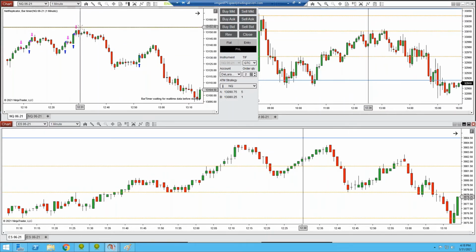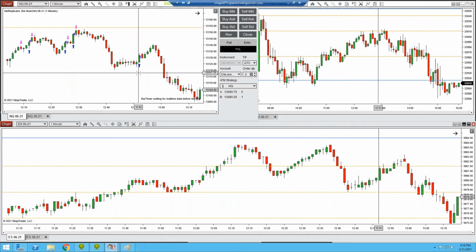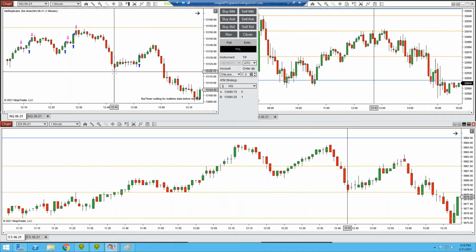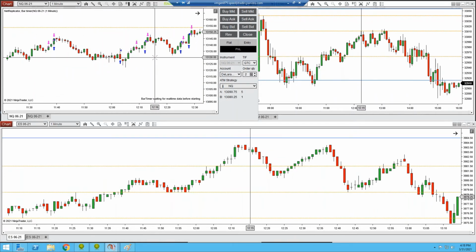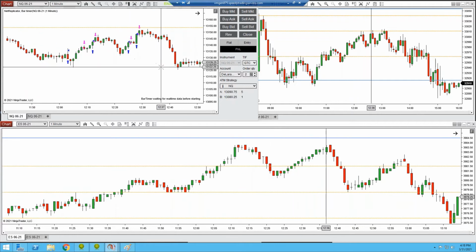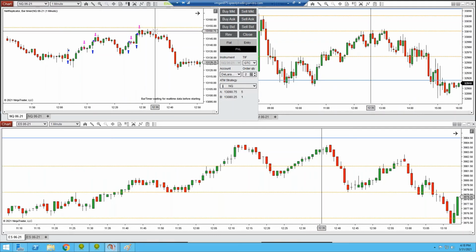NQ was trying to make it up here and it couldn't, and ES was way down here. And then cumulative delta, when I took a peek at it, was also already showing divergence. So I was like, it's time to start shorting, and I'm going to try it a couple times because I know it's coming down. I really didn't think we would get past this KP at all on NQ.